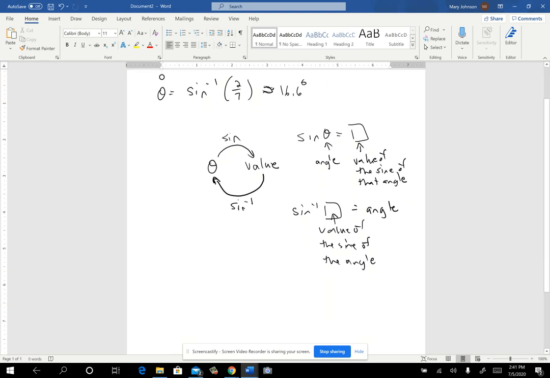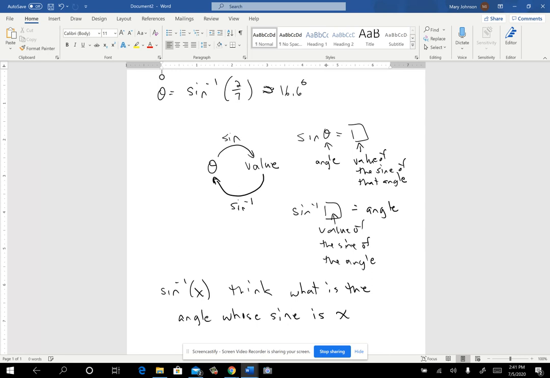All right, so when you have something like sine inverse of x, when you're thinking about that, what is sine inverse of x? Think: what is the angle whose sine is that value?